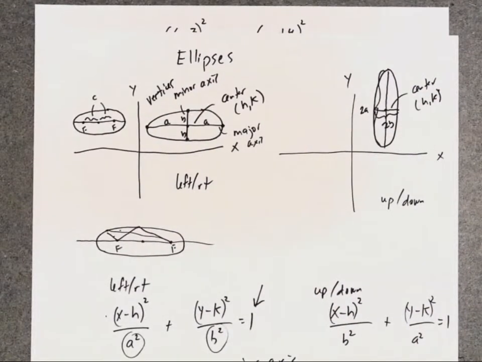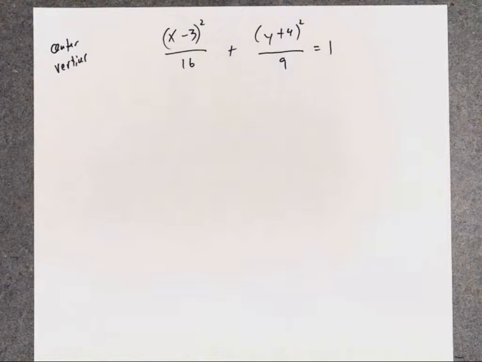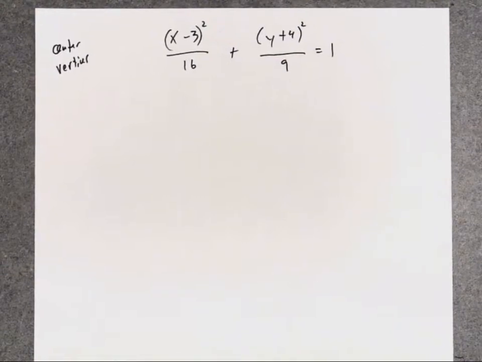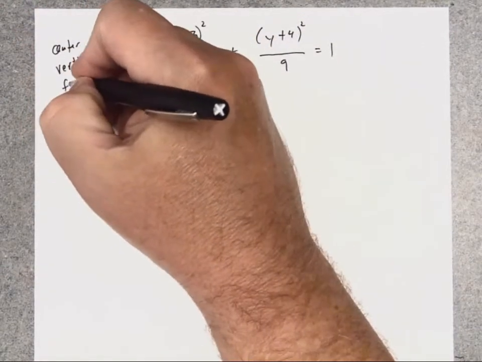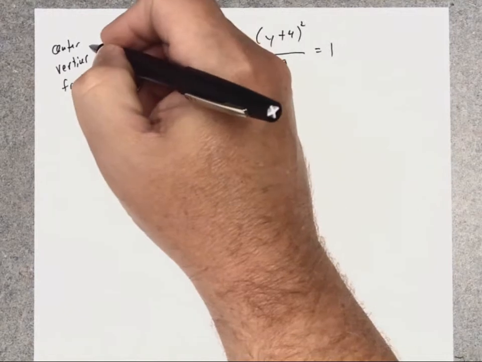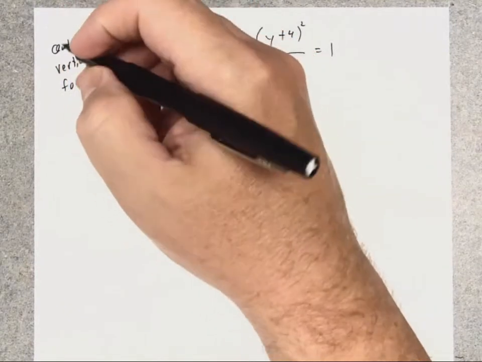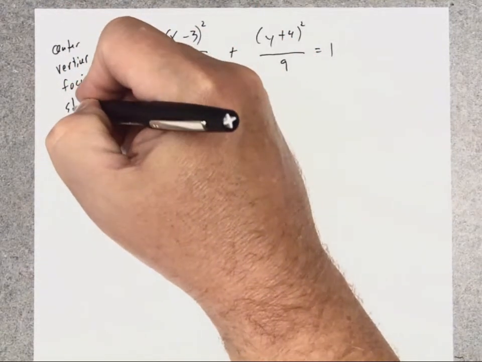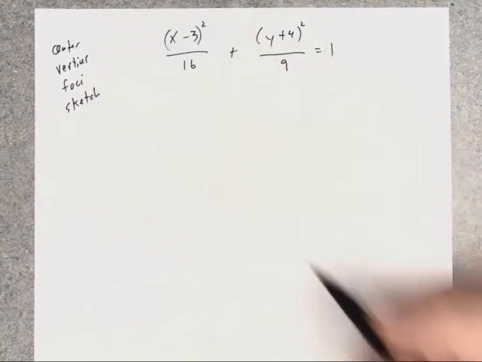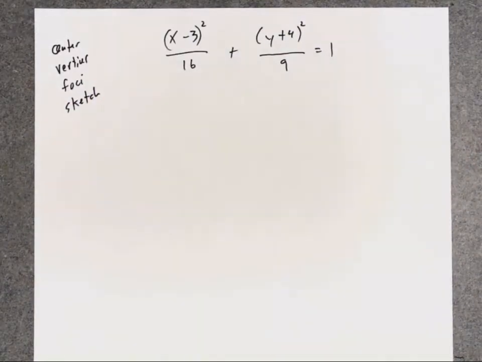So I forgot to mention that. So a lot of times they will say, for this ellipse, find the center, find the vertices, find the foci, and then they'll say, then sketch the ellipse. All right, so those are the typical kinds of things that they're going to ask you to do.